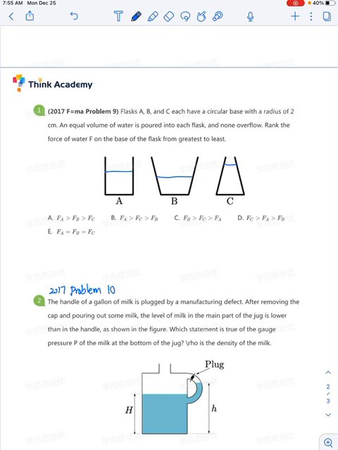So if we compare the depths, C has the largest depth and B has the smallest depth. Because the pressure depends just on the depth, we also have C larger than A and then larger than B. So D is the correct answer.